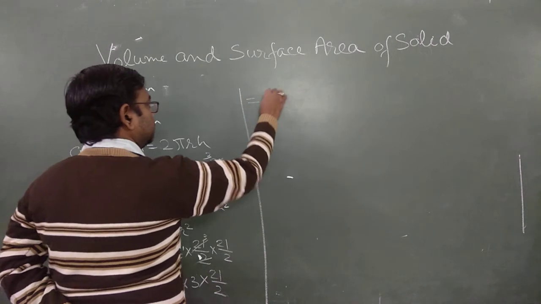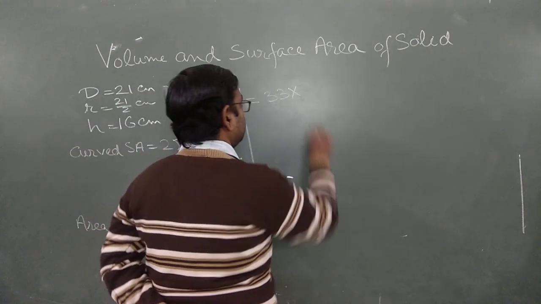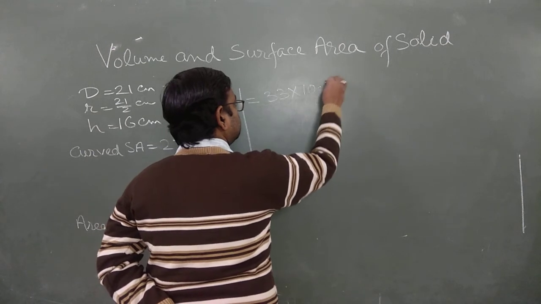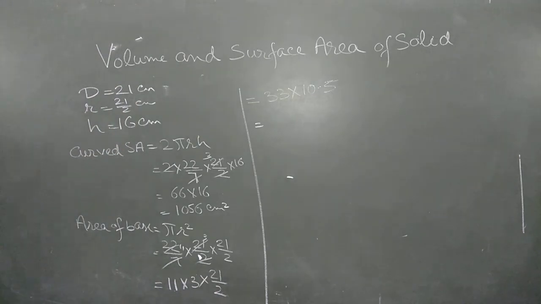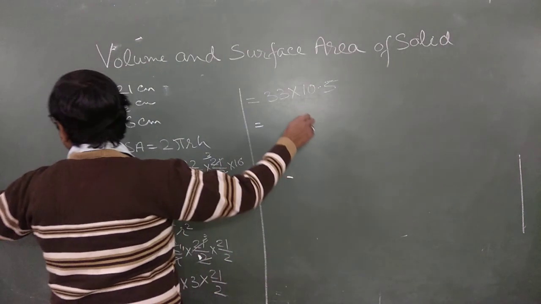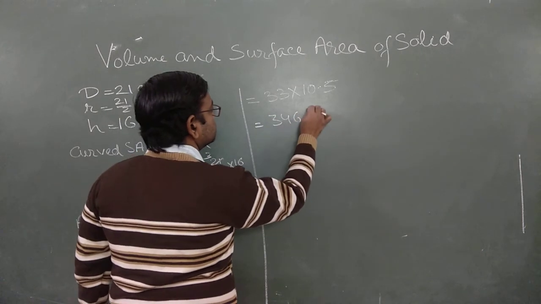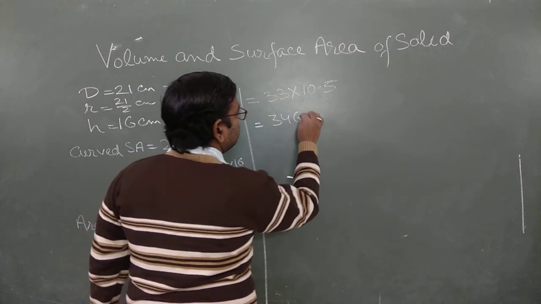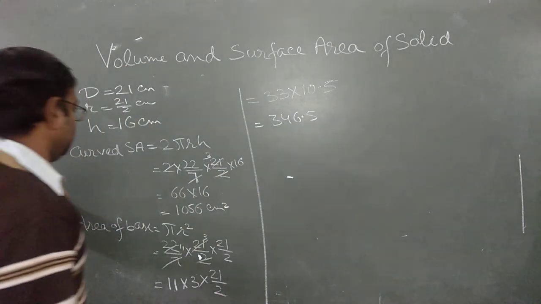It's 33 into 10.5. When you multiply it, you have the value. Whenever we multiply this, we have the answer 3465. Decimal is there, 346.5.